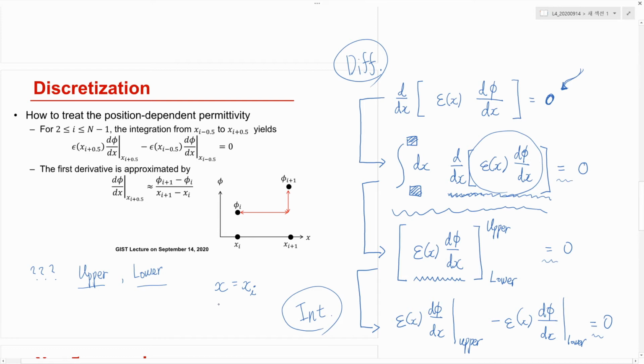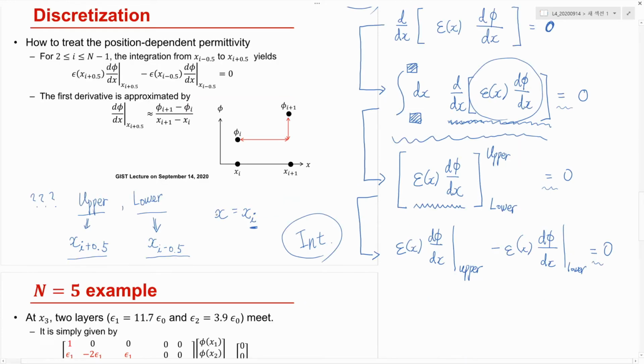If we are considering the Poisson equation around x equal to xi, the ith point, then the upper bound is typically set to be xi plus 0.5, and the lower bound is set to be xi minus 0.5. Do you remember the meaning of x sub i plus half and x sub i minus half in our notation?